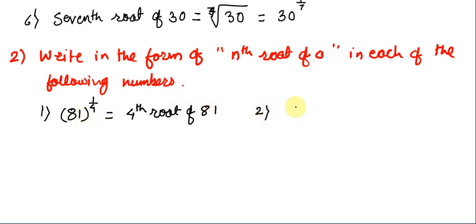Second problem is 49 raised to the power 1 by 2. So it is written as, see this index number, that 2. 2 means square root of 49. Only for 2 and 3 we will write the different name.